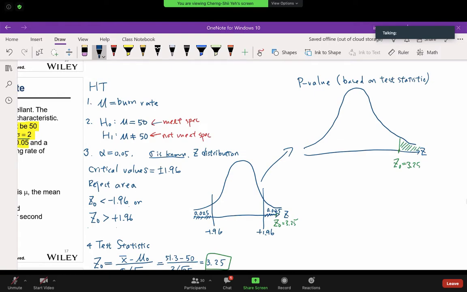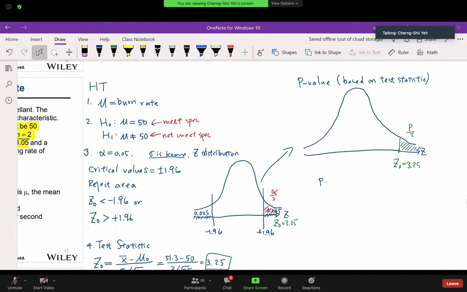And don't forget, since this is a two-sided hypothesis testing, I have my alpha on both sides. So I will also have my p-value on both sides. In other words, this stands for half of the alpha, and this is also half of the p-value in a two-sided hypothesis testing.